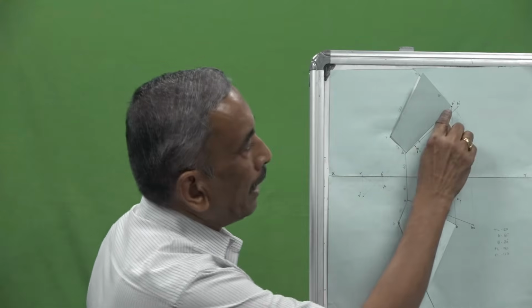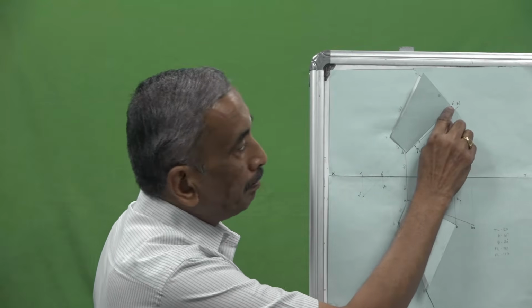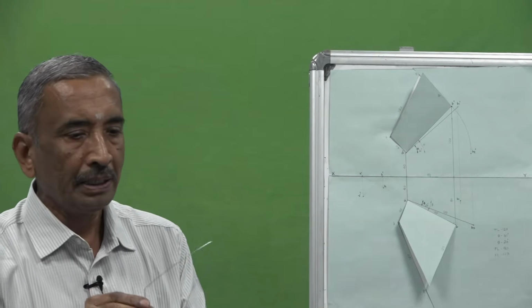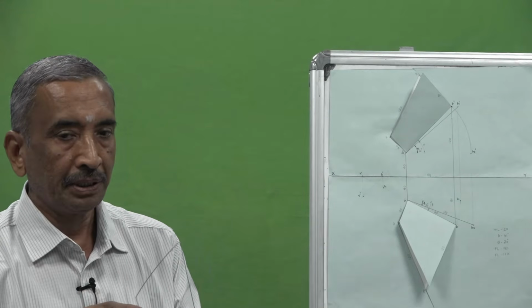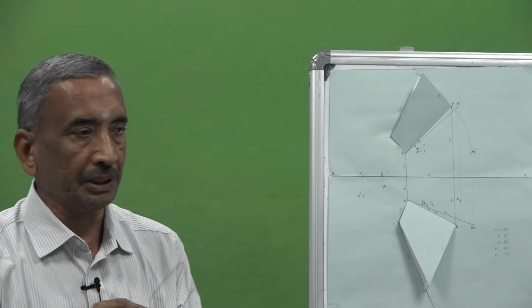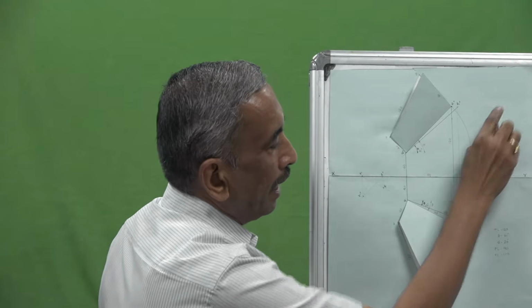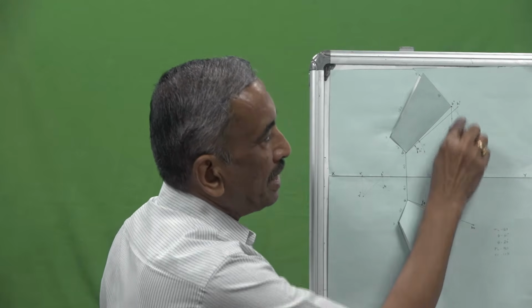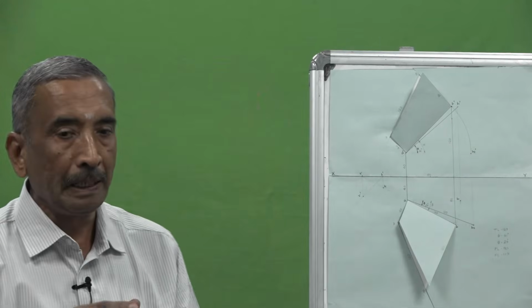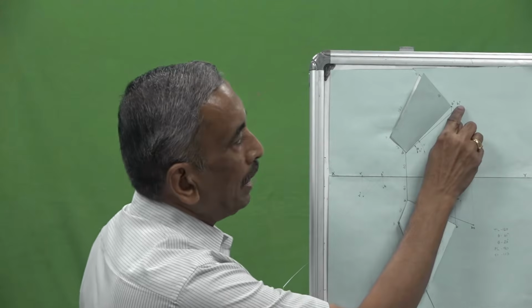So I got this point B dash here. From B dash you draw a horizontal line. That means B will be of the same height whenever the angle theta remains constant. From B dash I draw a horizontal line, and from B1 I draw a vertical line. The intersecting point will be called B1 dash.